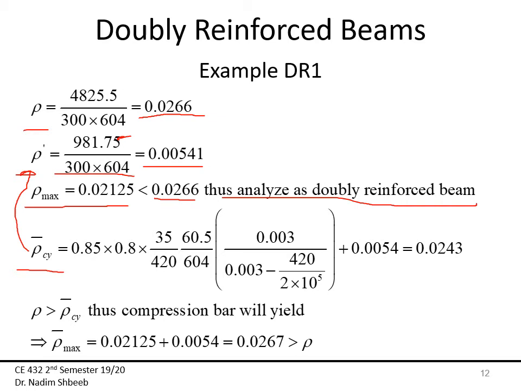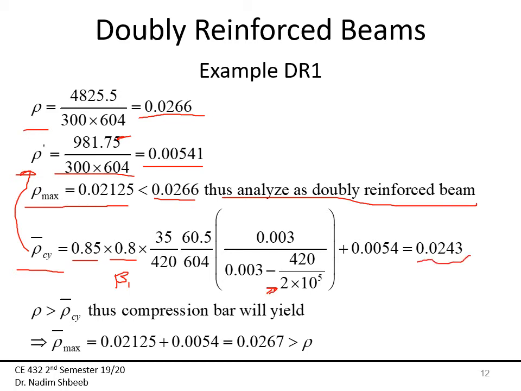So now I'm going to rho cy. This is 0.85, this is now my beta 1. Since f'_c is 35, this is going to be less than 0.85. So 0.85 beta 1, 35 divided by 420, d' over d, epsilon ultimate minus epsilon yield, which again we could just use 0.002 without doing this calculation over here.